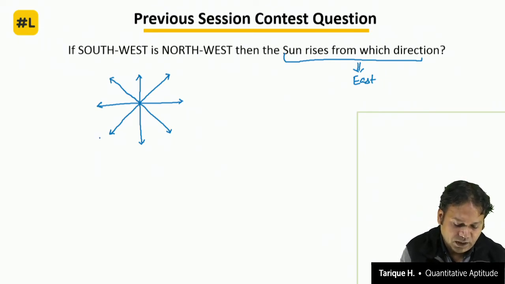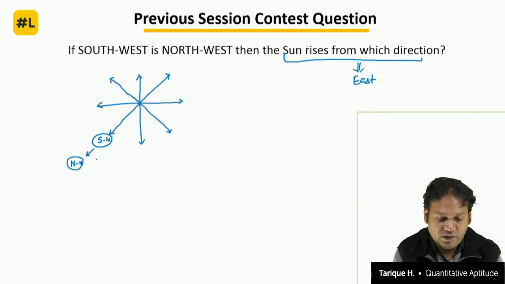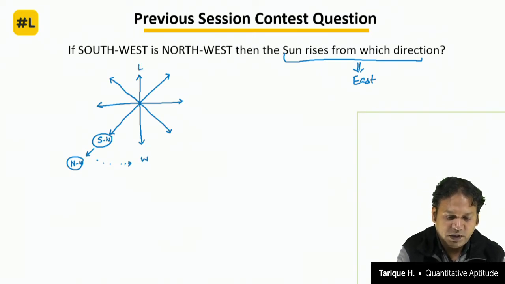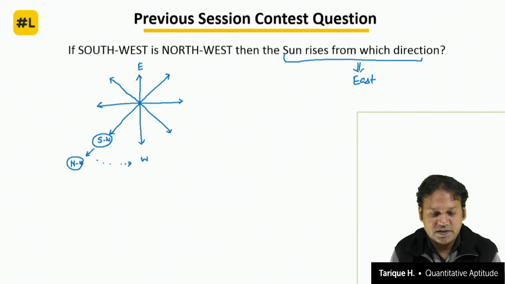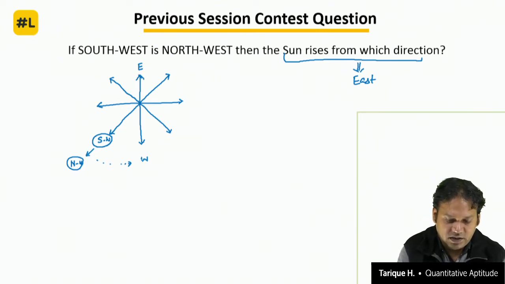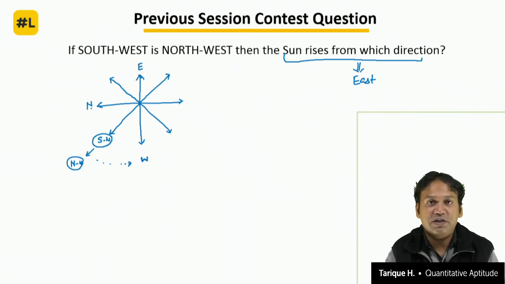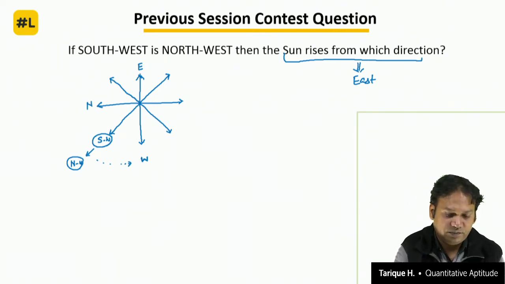So let us see here. This is southwest, and now we are calling it northwest. From northwest, when we go 45 degrees anti-clockwise, we get west. This becomes west, this becomes east. Opposite of west is east. If this is east and this is west, then this will be north, because if east is on your right, then you are facing north.